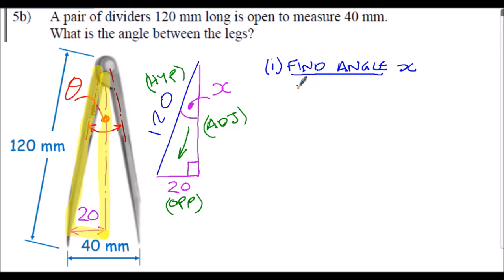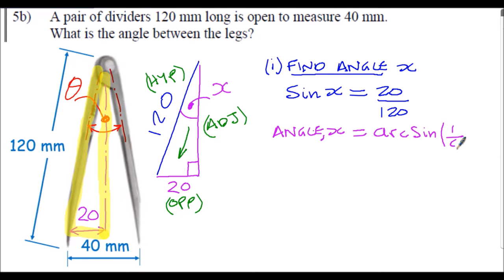So from the sine ratio, sine of angle x is equal to the opposite side, in this case that's a value of 20, divided by the hypotenuse, that's 120. Angle x is equal to the arc sine of 1 divided by 6. That's the ratio 20 upon 120. So therefore angle x is equal to 9.594 degrees.